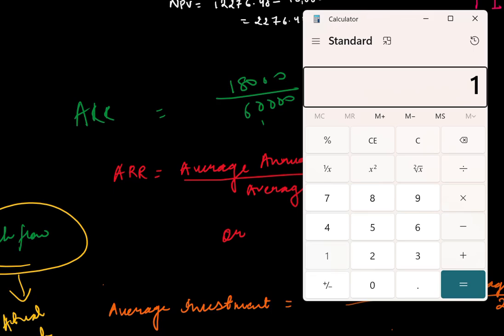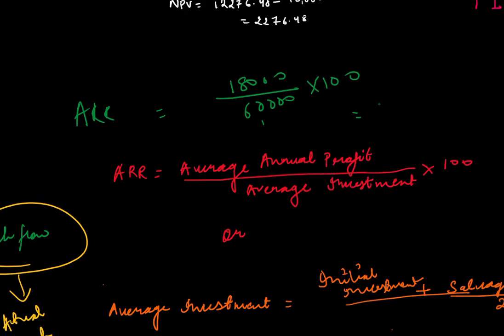So let's calculate this one now. 18,000 divided by 60,000. So you've got 30%. So our ARR is basically 30%.